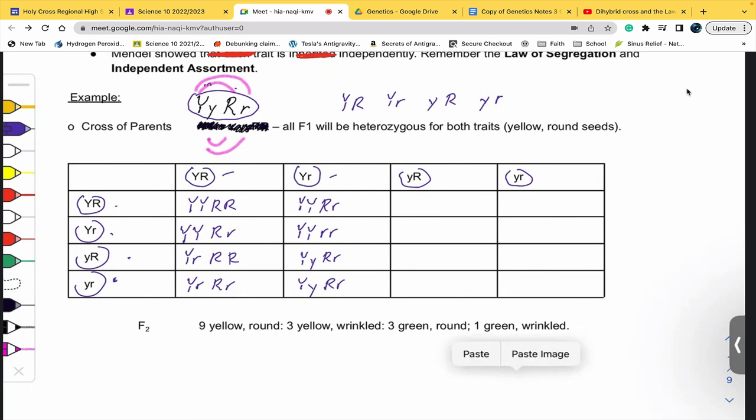I made a mistake here. Little r, little r.